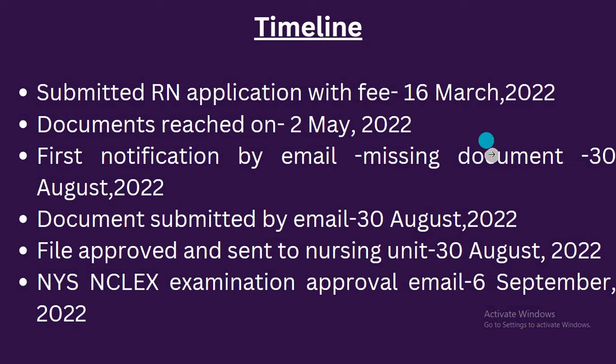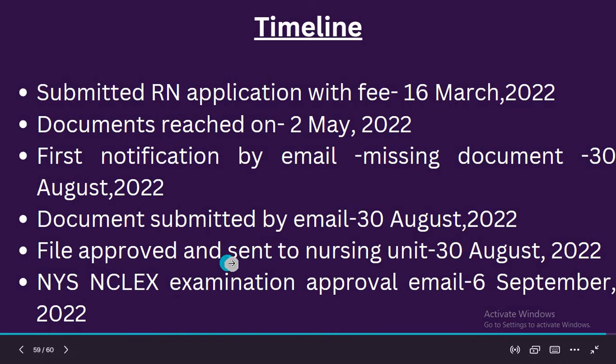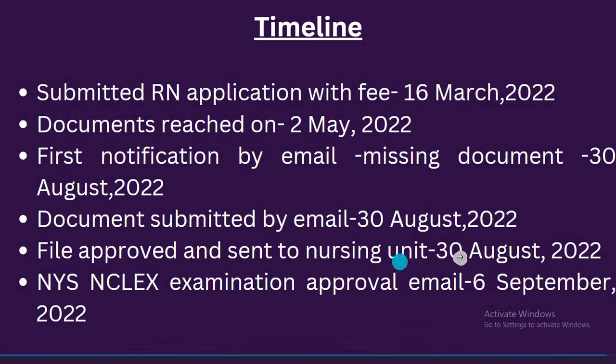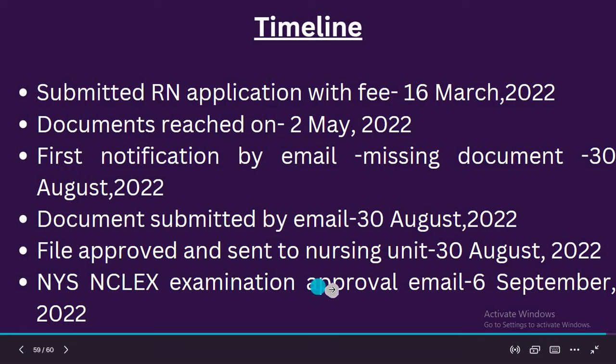I was first contacted on 30th August 2022. They asked me to provide the same document, and I submitted the document by email on the same day, and the file was approved and sent to the nursing unit on the same day. And then I got the examination approval on 6th of September 2022.